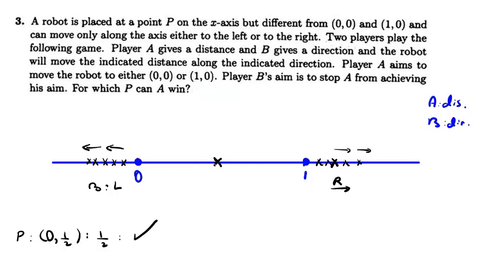So if A wants to select a point that wins at the end, it is not important what direction B says, he should reach one of these. So for 0 steps, then 1 step. So if we reach each of them, we can say A wins.